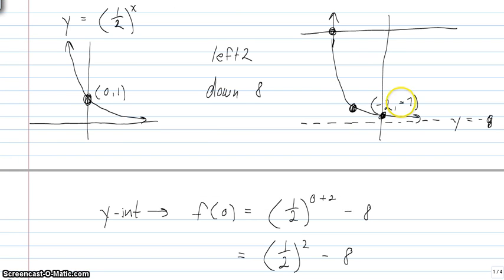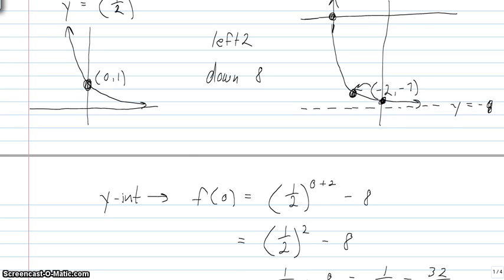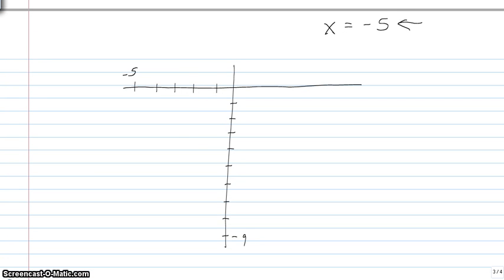Oh, yeah, I did. -2, -7 was this point right here. So -2, -7 is about right here. And my y-intercept was -31/4, which is what, -7.75, so just above -8.